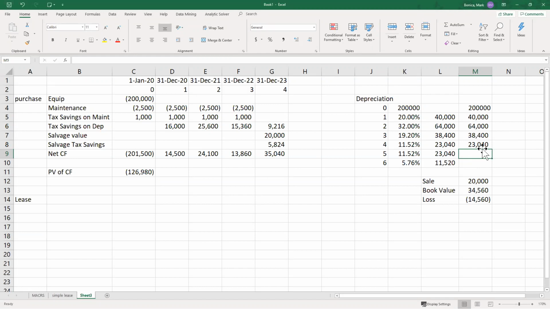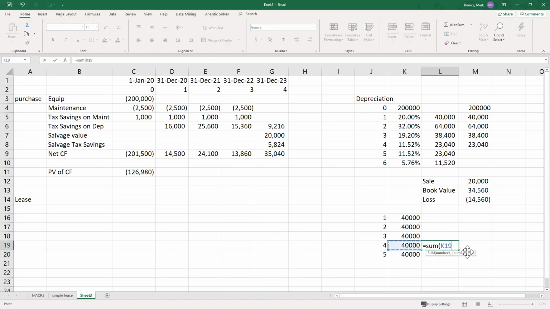If this was straight line, it's a lot easier to talk about. I'll show you the formula in a second. With straight line, we'd have 1, 2, 3, 4, 5, right? So we'd have 200,000 divided by 5. So we would take 40,000 per year. So if we sold it at year 4, we would have 4 years of depreciation for a total of 160.